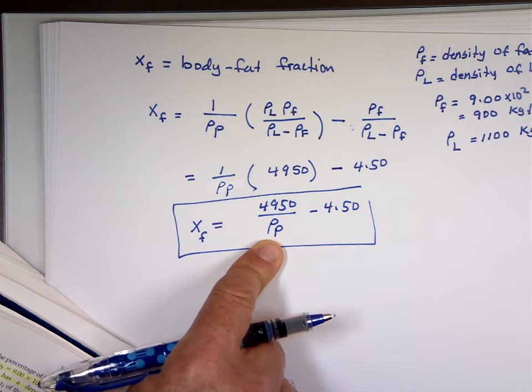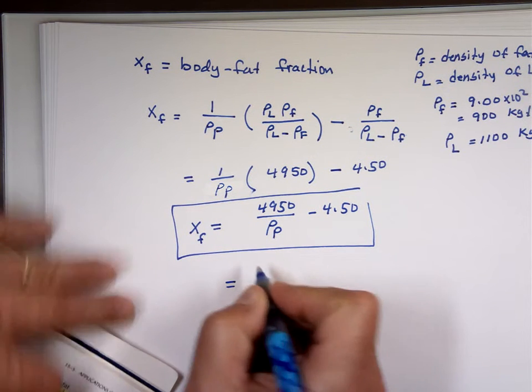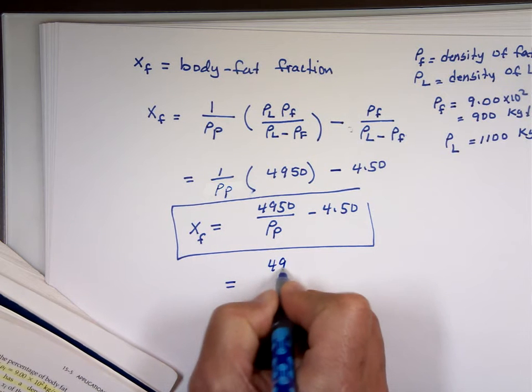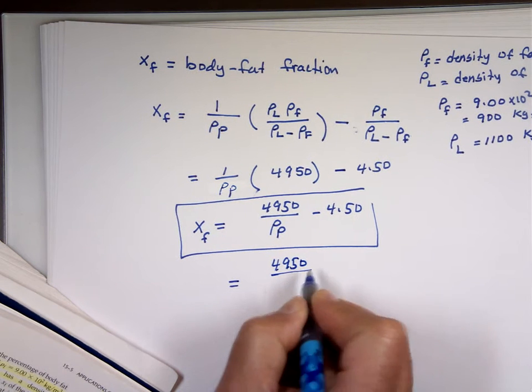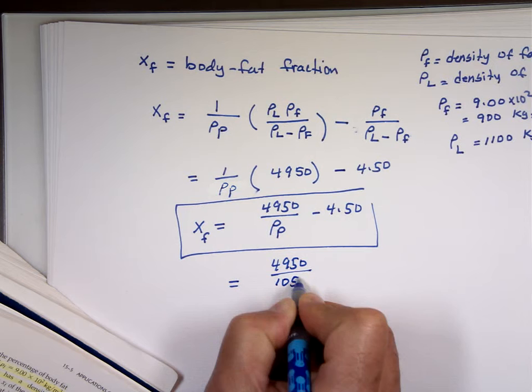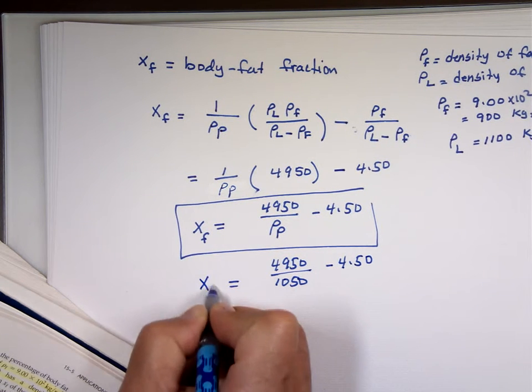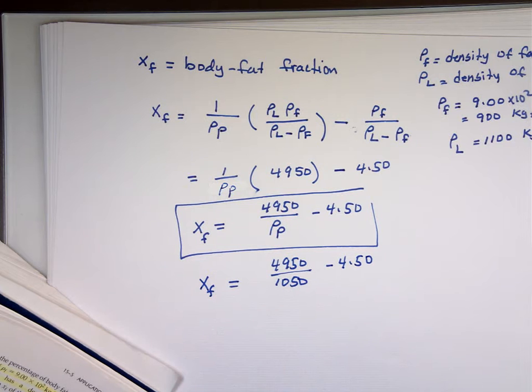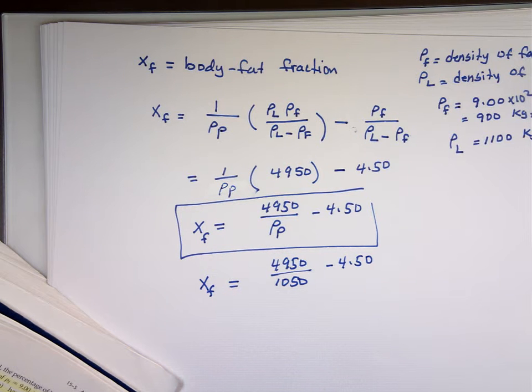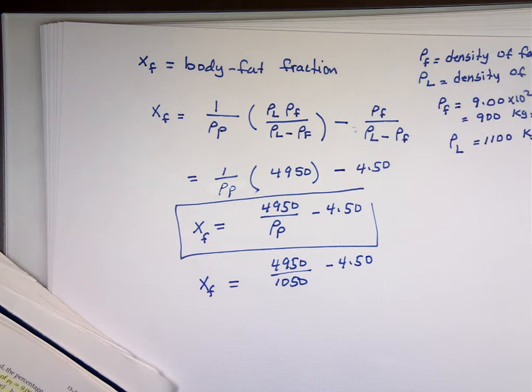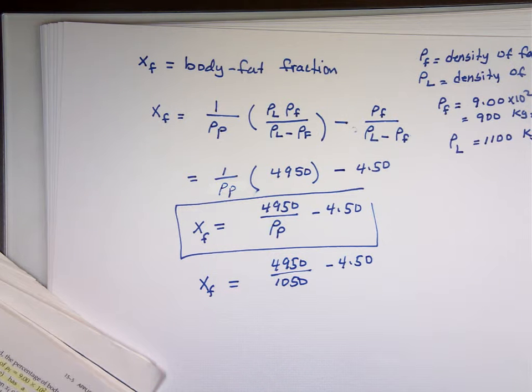So for this example it would be 4950 over rho for that person. We said 1050. Do the math here: 4950 divided by 1050 minus 4.50.